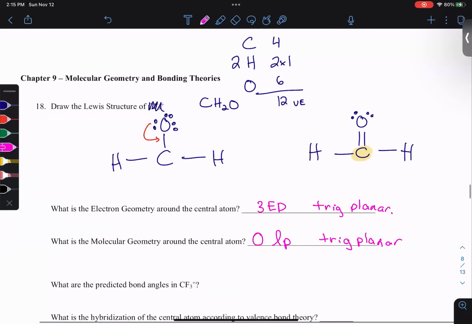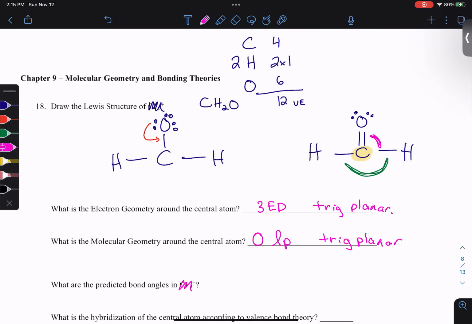Okay. What are the predicted bond angles? So what is this bond angle, the green one, and the pink one? What do you think? Are they going to be exactly 120? Because we're still doing trigonal planar, so it's 120.